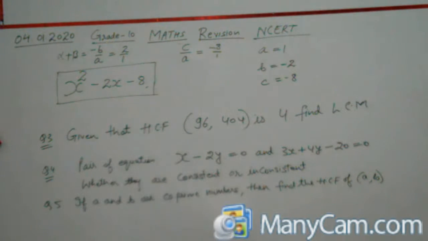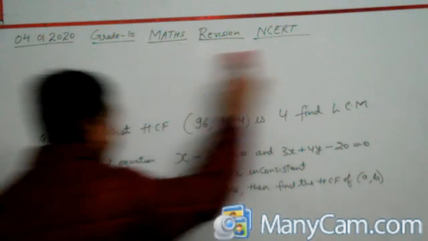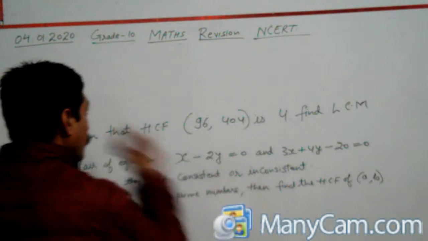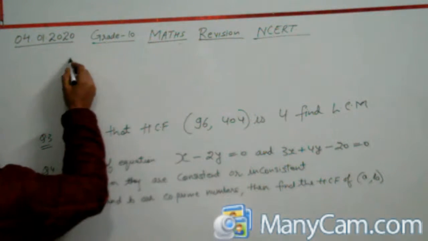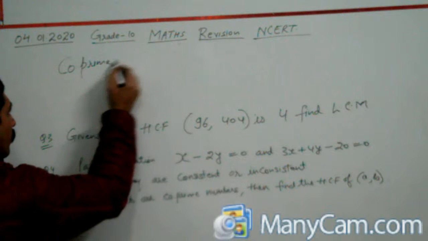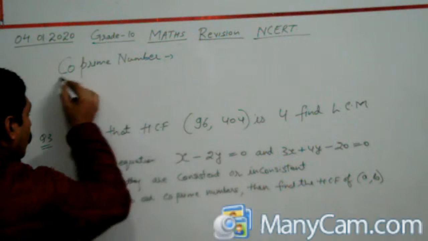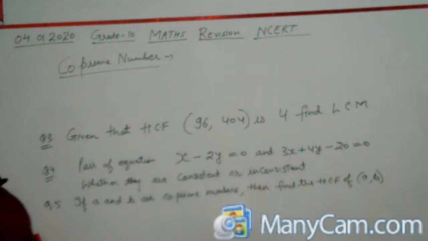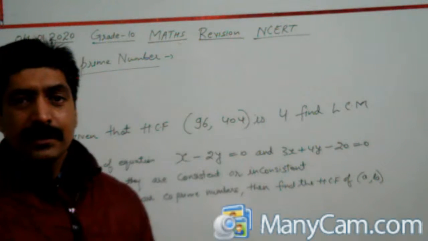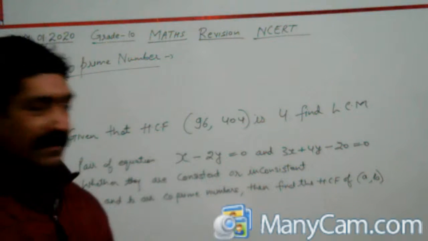Next, third question, we know the relation, and the fifth question also, co-prime numbers. Two numbers are said to be co-prime numbers. This is a very simple and very basic question of grade 10, that for two co-prime numbers, their HCF is always 1.